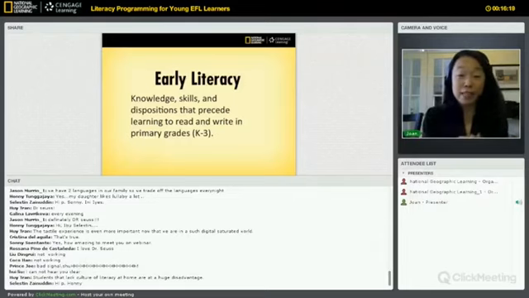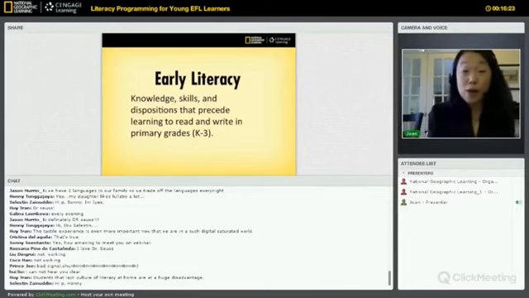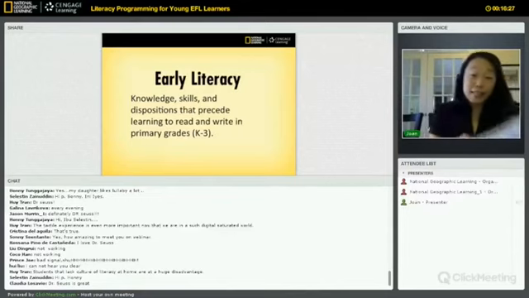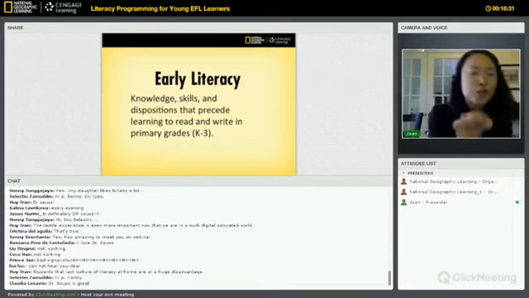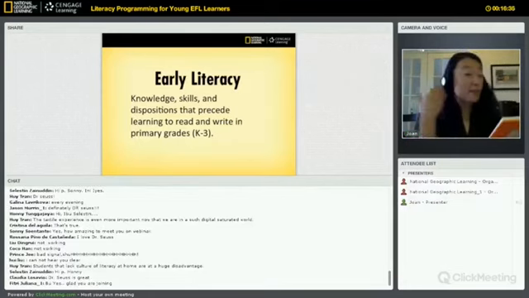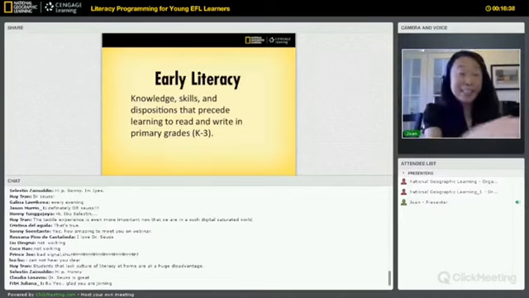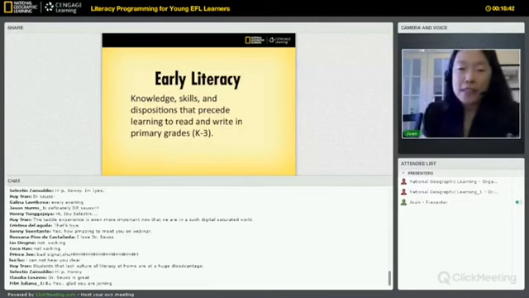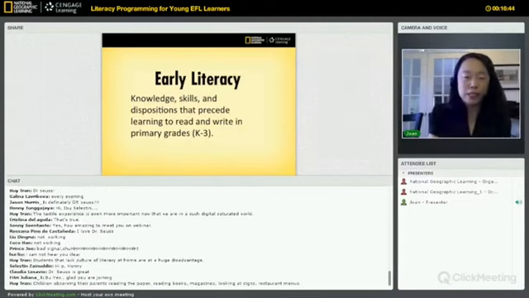So you see this is the stage where children might be looking at a book, right? And they've started to understand the skills and the knowledge of what a book is, and they may not be able to actually decode or read the words. But they might be, because they heard you tell the story, retelling the story based on the pictures that they recognize. Okay, so this is what we know as early literacy.